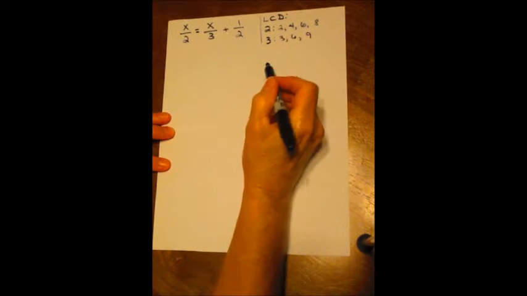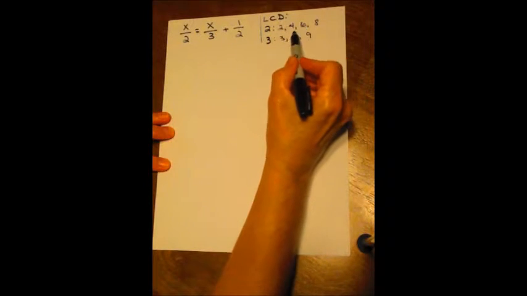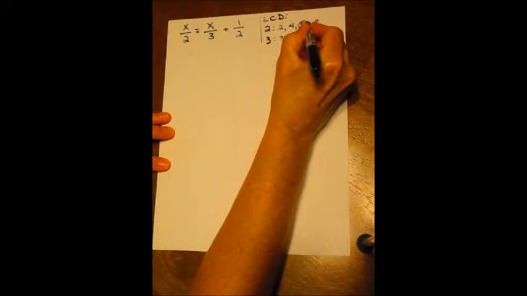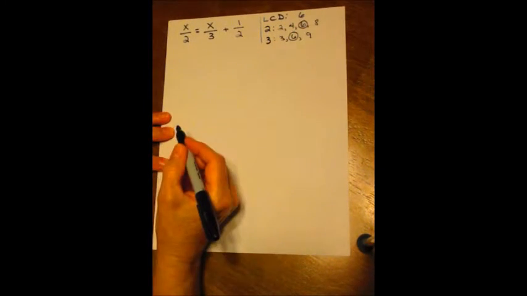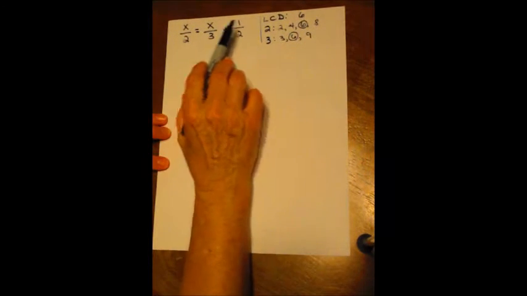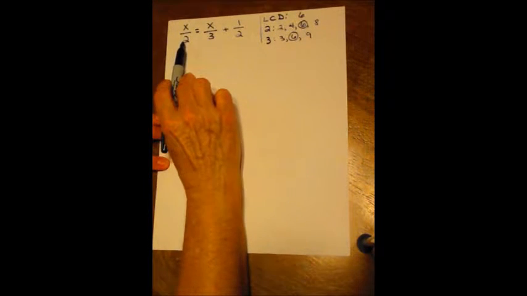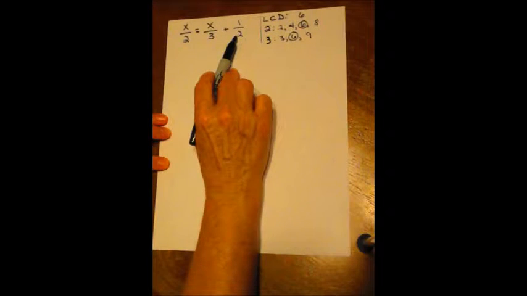As soon as I have a number common to both of them, which in this case is 6, I can stop. So that means that 6 is my LCD. It also means that I need to use that LCD to multiply this equation in order to clear the fractions.